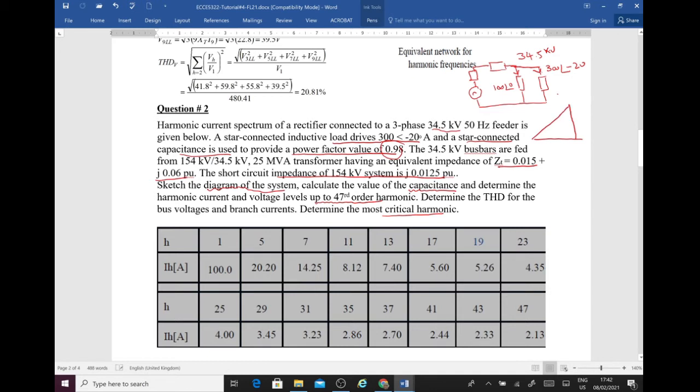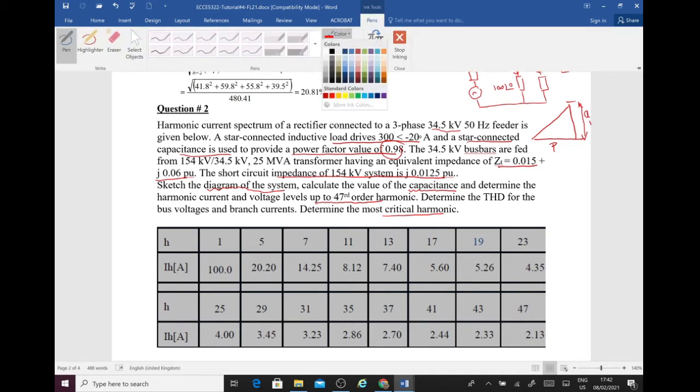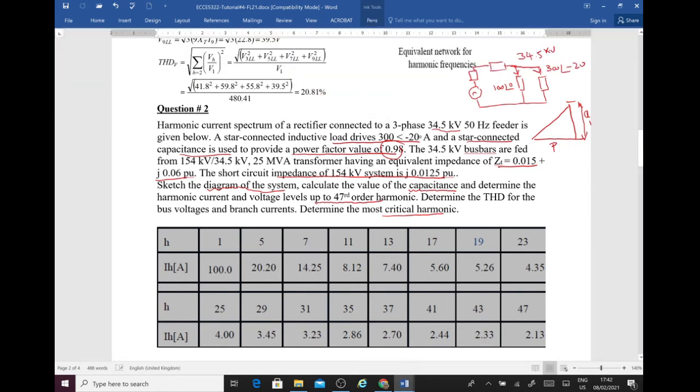That will be S. And this is P, and from there to there will be, I will call it Q1. Now he told us we're going to connect a capacitor bank, and that capacitor bank will improve the power factor. So this one will be theta 2.